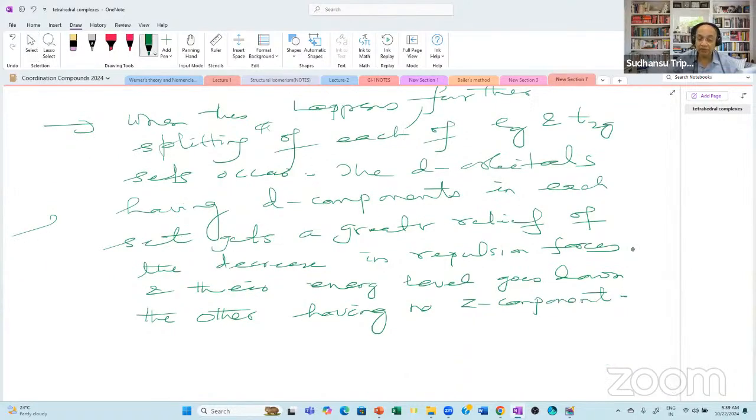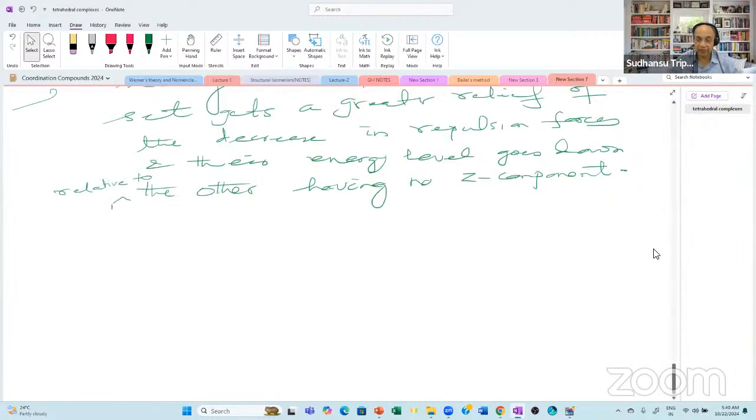A greater relief of the decrease in the repulsion of forces and their energy level goes down relative to the other having no Z component.